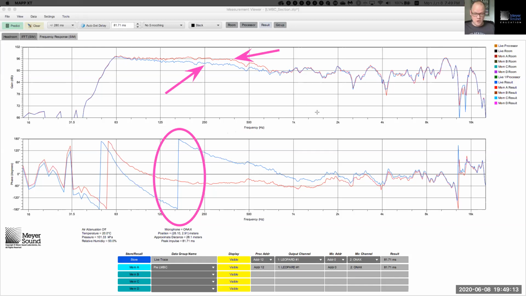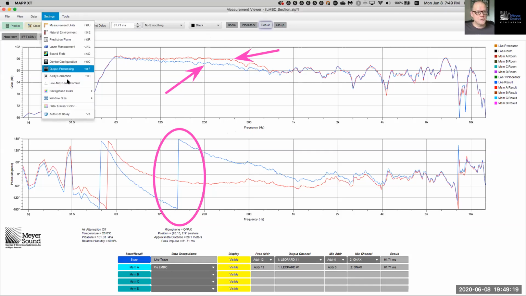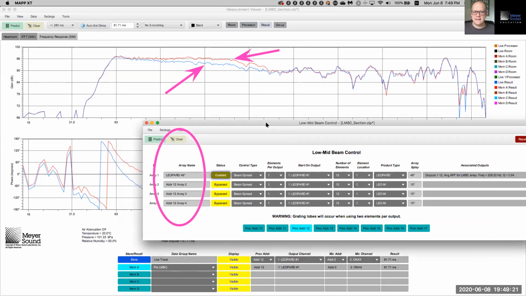Well, don't panic, because the LMBC dialog is showing exactly the remedy that you need to apply to fix that.